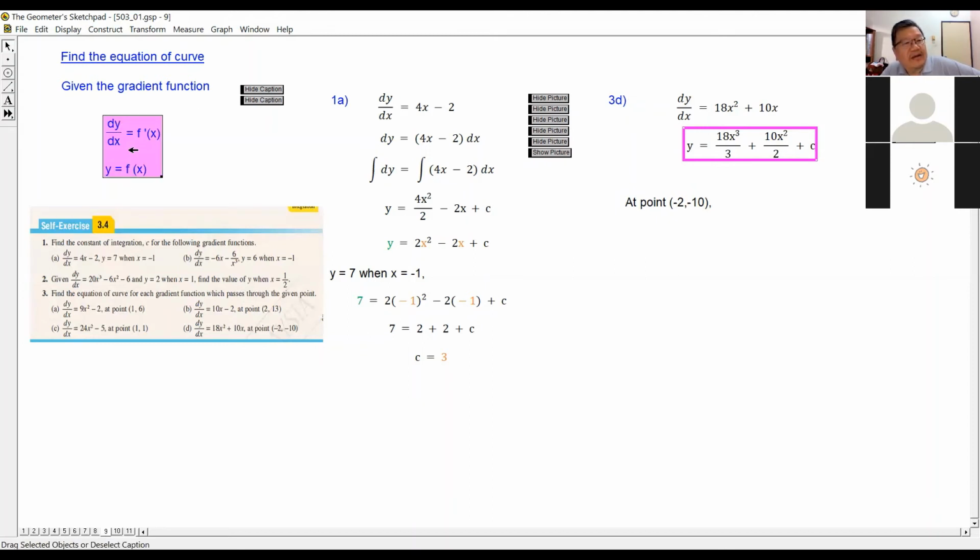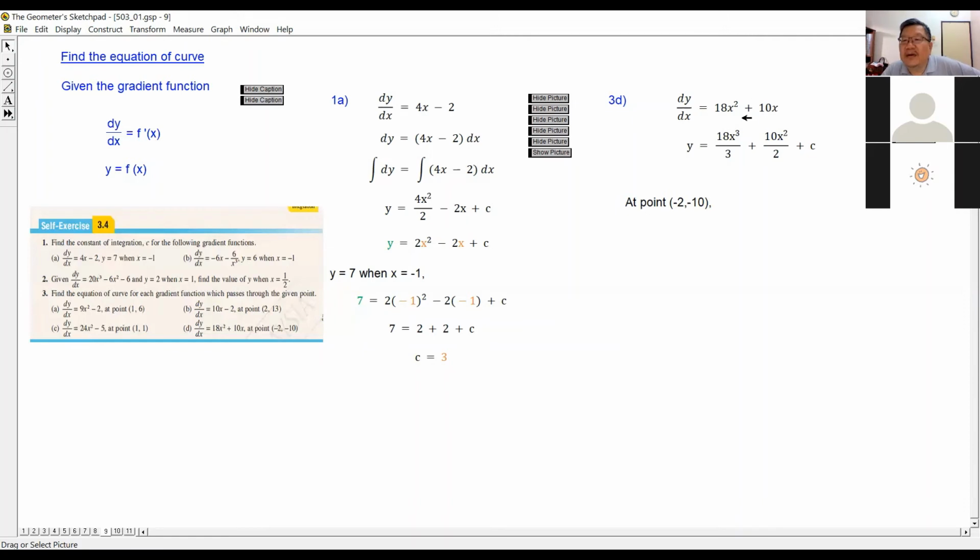You can see the red thing here. dy/dx equals f prime x. So straight away you can write down y equals what you want to integrate. So it's not necessary to show this step. The second one, you can show if you want. You can write down y equals integrate this thing.